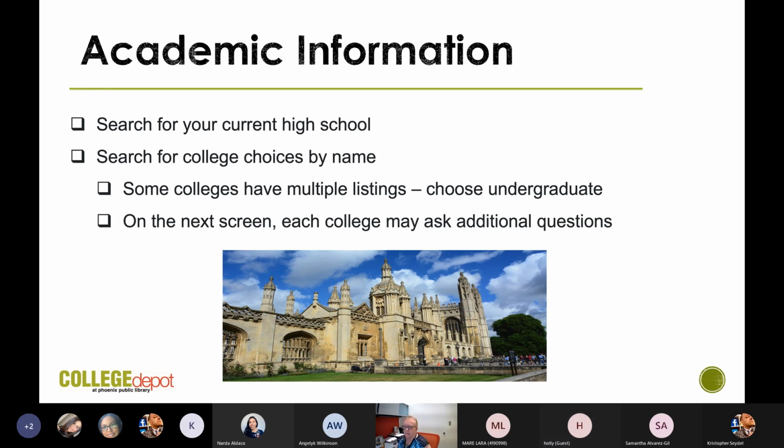That is true even if you are taking ACE or other dual enrollment type courses. You will still be considered a first-time freshman at that institution, even if they give you credit for that high school work that you've done. Your housing plans, in almost every case, your housing plan right now is to live on campus.